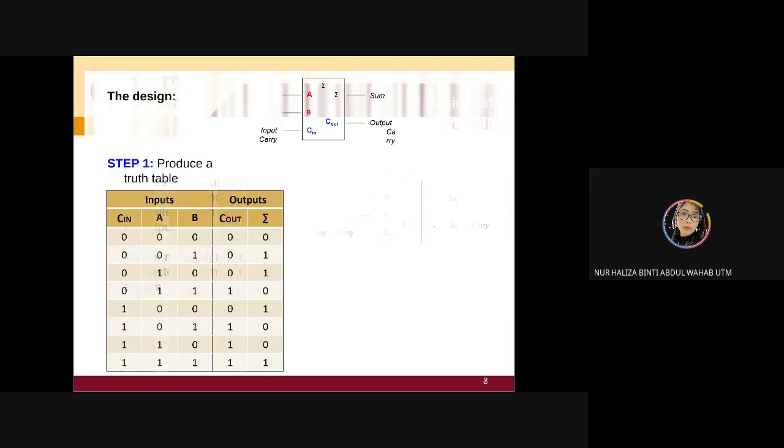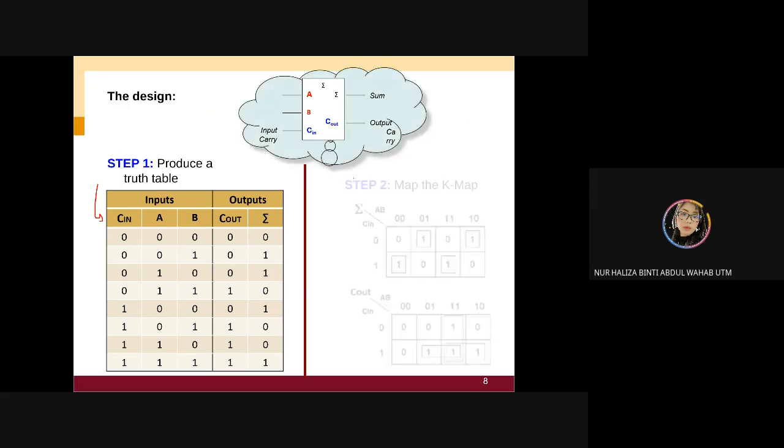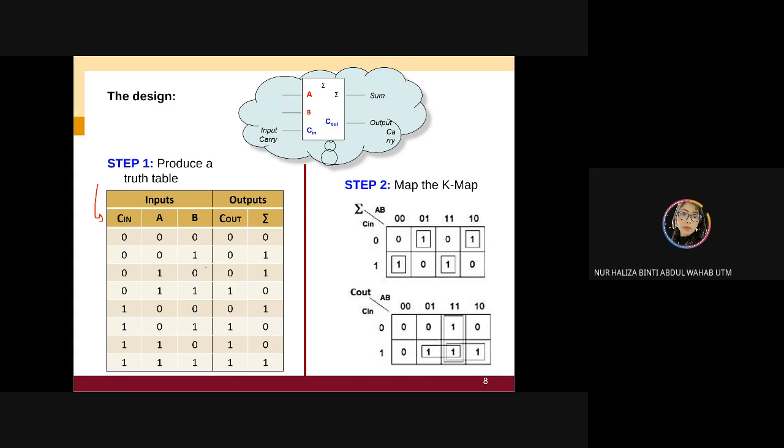How about the circuit inside? Okay, this is the truth table for full adder. So you need to remember how the table looks like. And when you see the table, you can come out with your K-map.